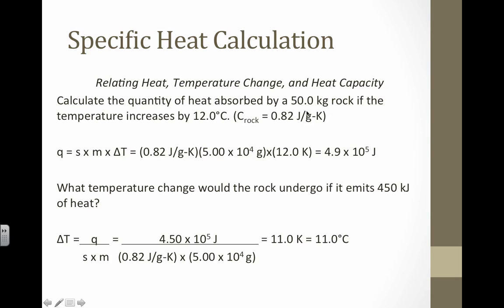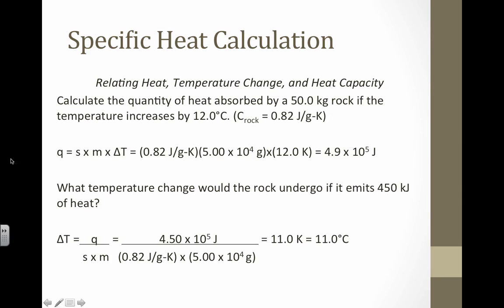So let's say we have a 50 kilogram rock, and we have a change in temperature of 12 degrees. This is an increase in temperature. Of course, in order to do this you need to know the specific heat capacity of the rock, which is 0.82 joules per gram per degree or per Kelvin.